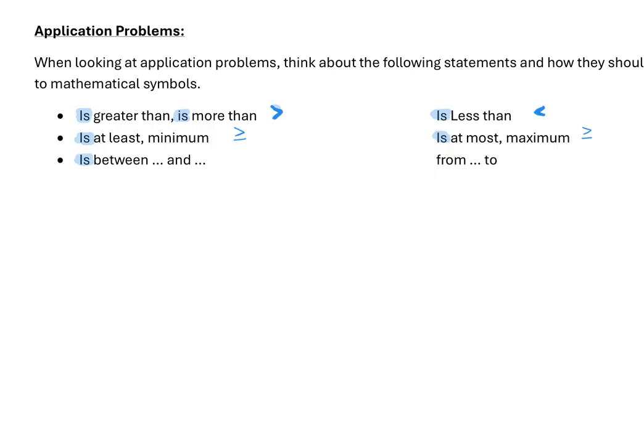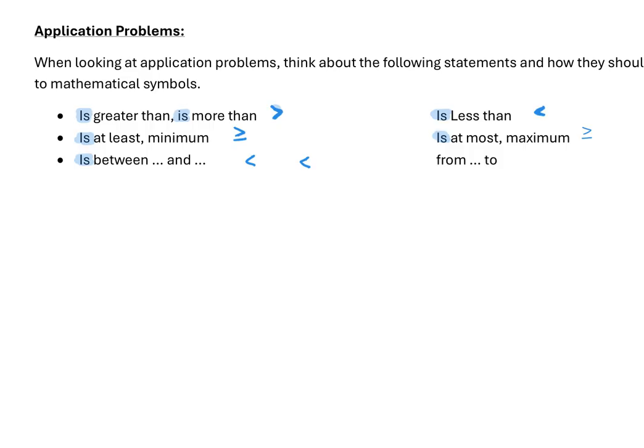And then we also have our phrases that interpret into three-part inequalities. If we say is between something and something, this is going to be a strict three-part inequality. If I tell you to go stand between the two trees, you have to stand in between the two trees. You cannot be in the trees or on the trees. You have to be somewhere in between them.